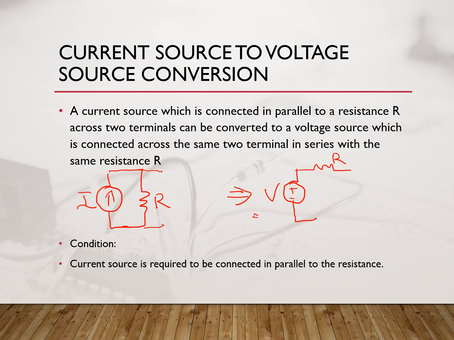V can be found as I into R. So a current source in parallel to a resistance will be equal to a voltage source with the value I into R, but the resistance is going to be in series, because obviously a voltage source has a series resistance with it. The condition is that the current source has to be in parallel to the resistance, otherwise you cannot convert it.